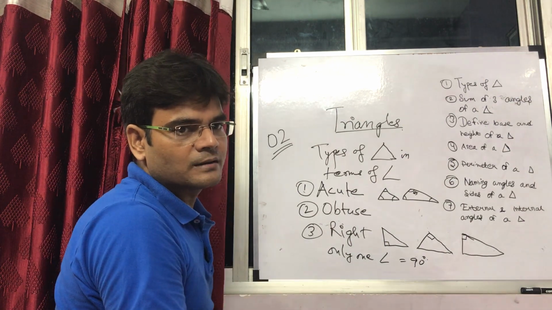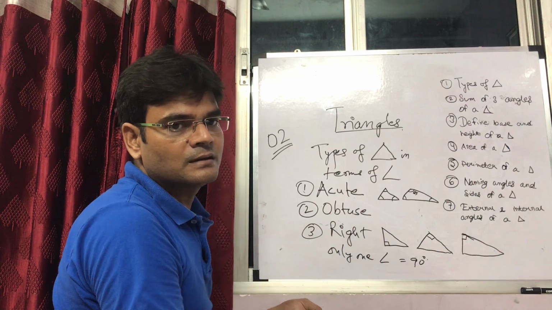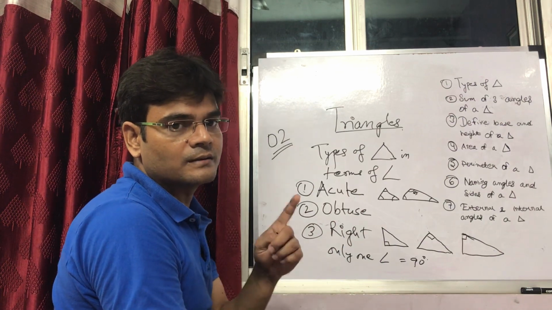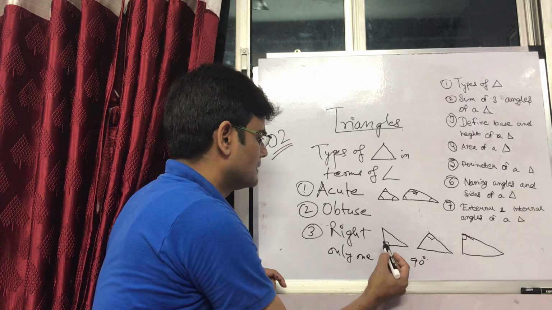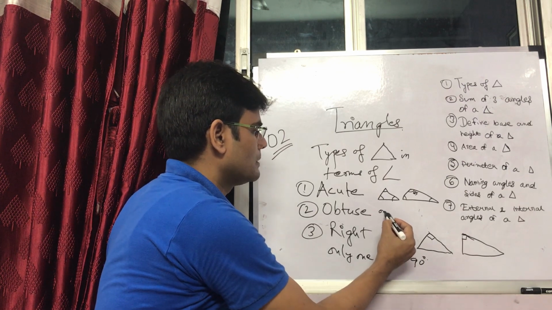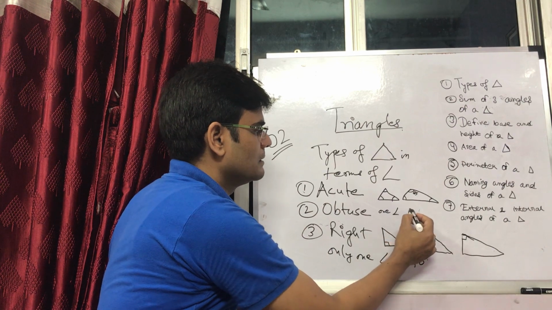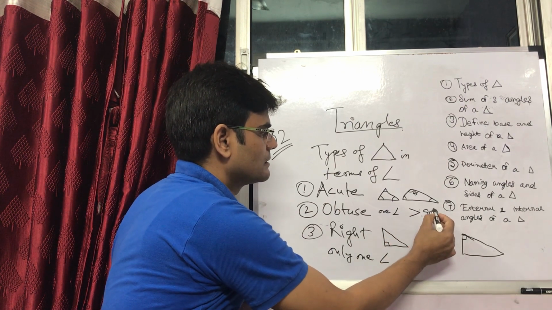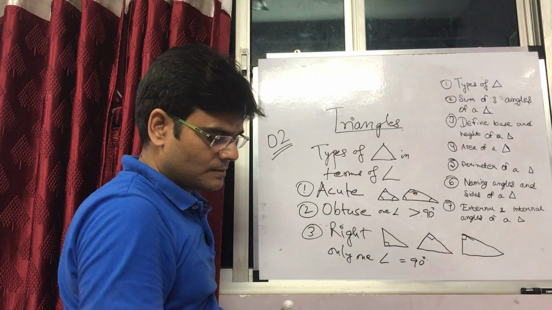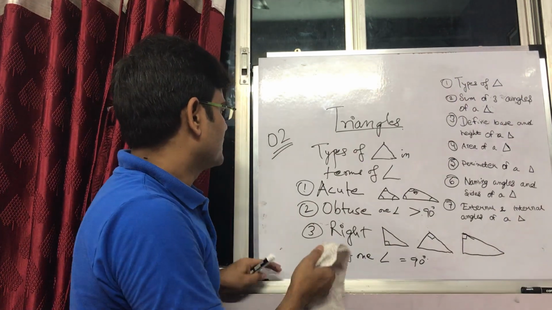Similarly, an obtuse angle triangle: you cross 90 degrees, one of the angles is greater than 90 degrees. Let me rub all this because I cannot write anymore.